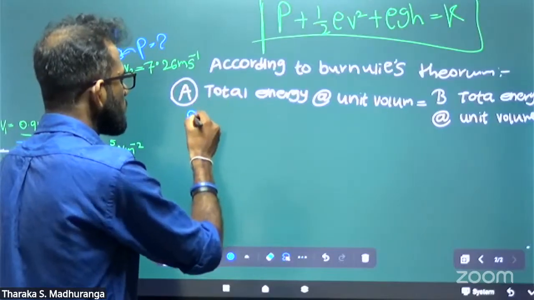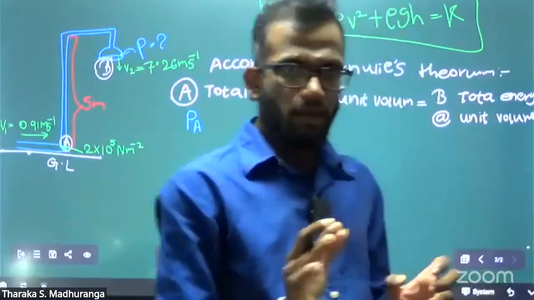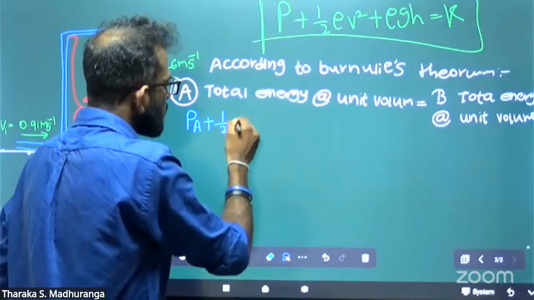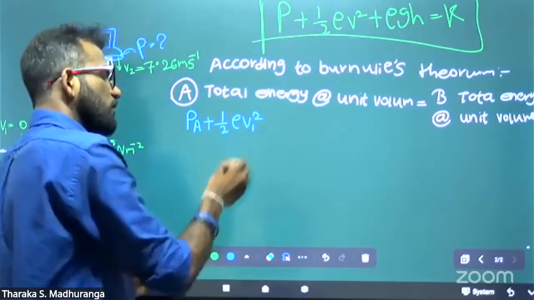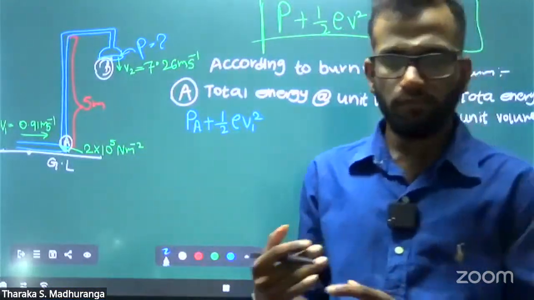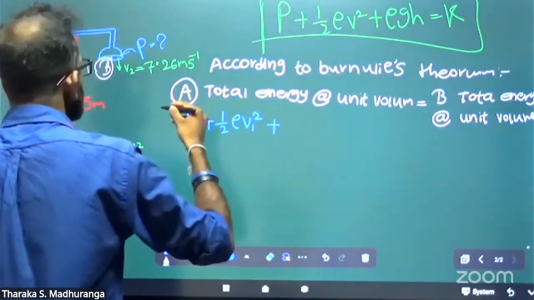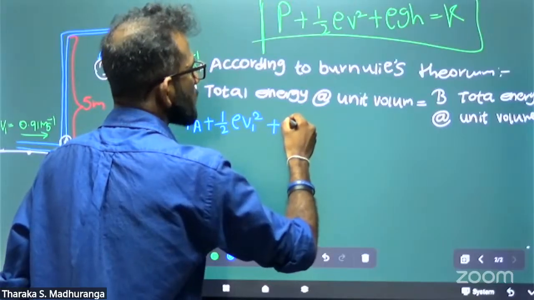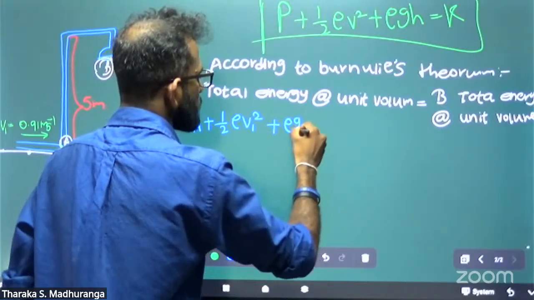After that, I'm going to substitute values. The pressure at A is PA, plus half rho V1 squared, since the velocity at the ground level A side is V1, plus rho g h1.